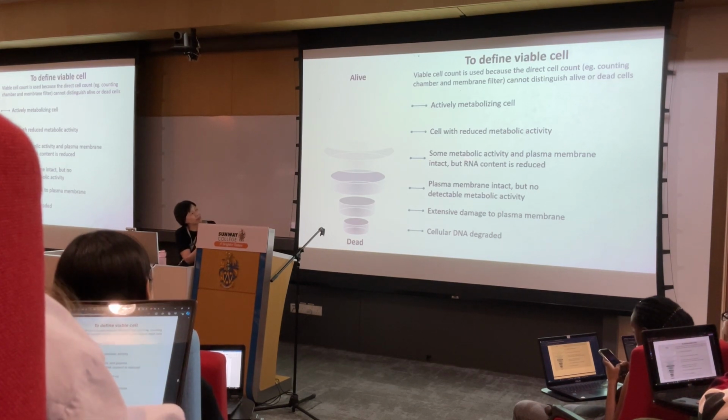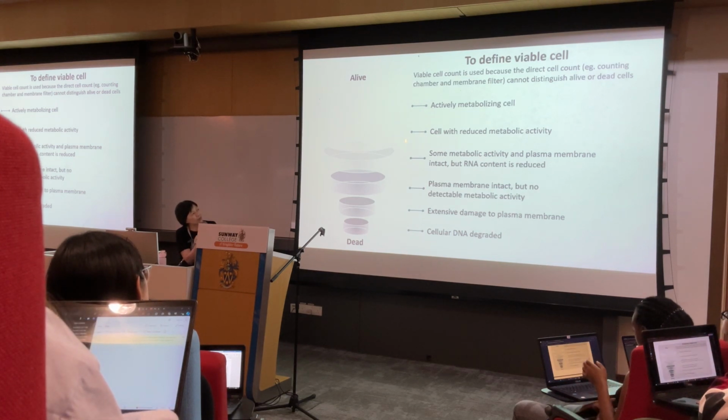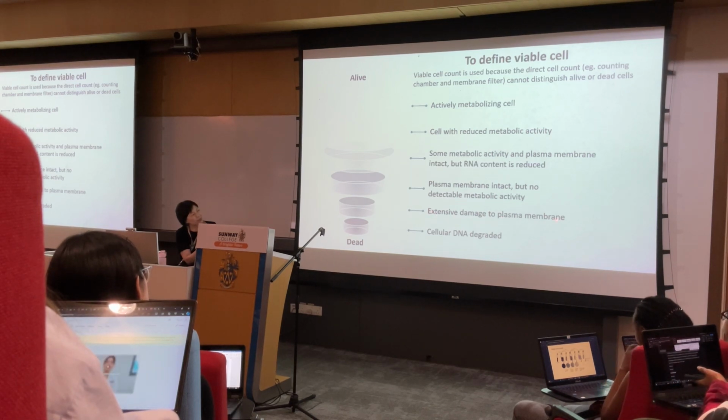If the cells still have some metabolic activity, the plasma membrane is still intact, but the RNA content is reducing, meaning that they are in shortage of ribosomes or anything. Then it's getting worse if the cells are dying through this sequential flow, and the plasma membrane is still intact but there is no detectable metabolic activity, and then extensive damage of the plasma membrane, and then the cellular DNA is degraded.